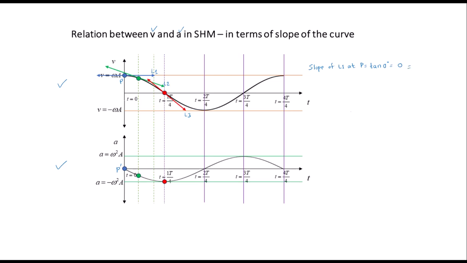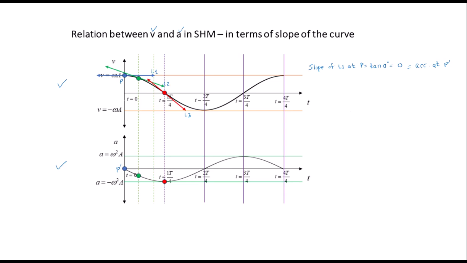So the acceleration at point P dash is actually representing the slope of the tangent L1 at the point P on the VT graph.